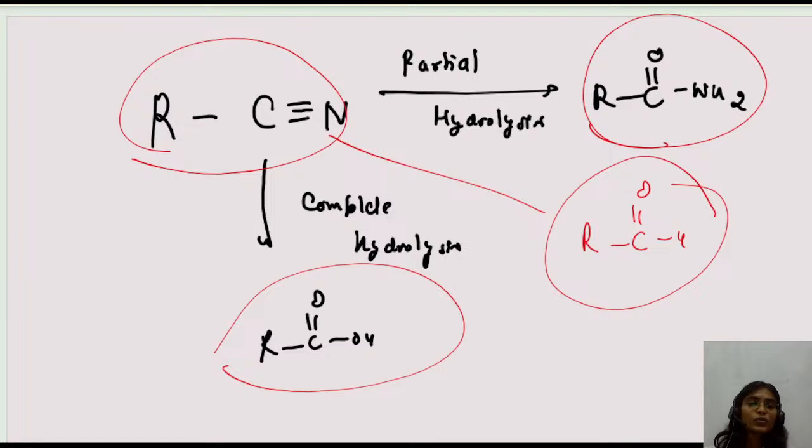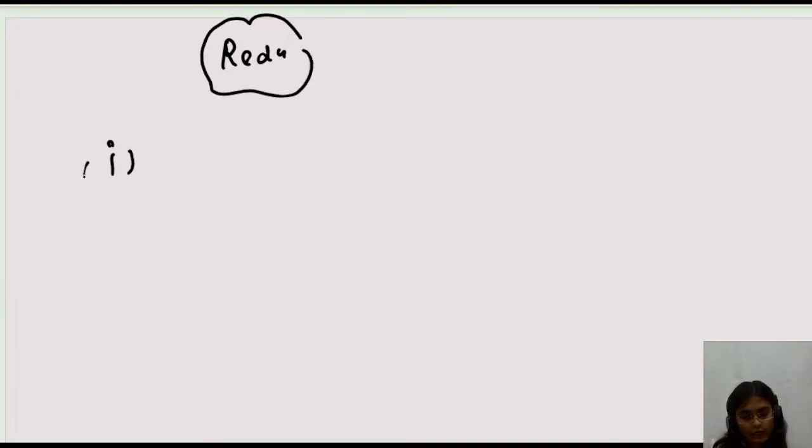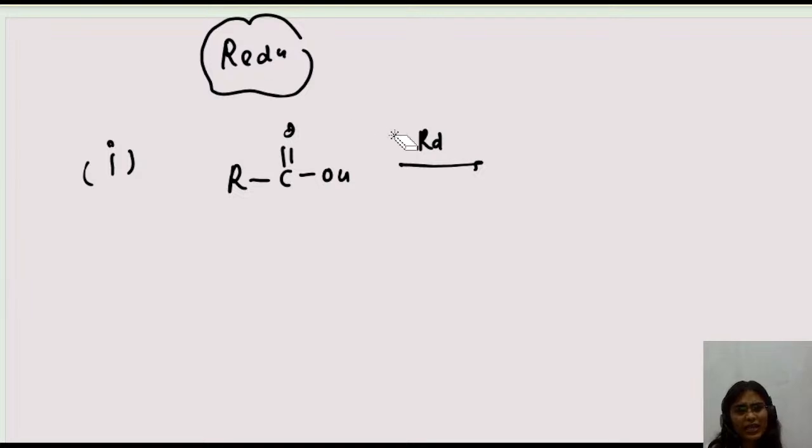So let's start with how to approach this. First of all, method number one: the reduction part we are discussing now. In the reduction part, suppose I'm having any reducing agent, let me just write H. I hope you know the meaning of reduction, right?